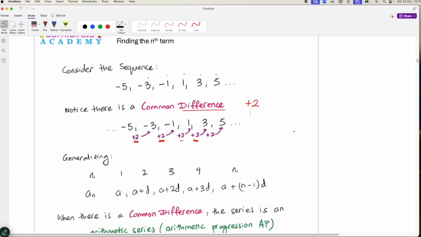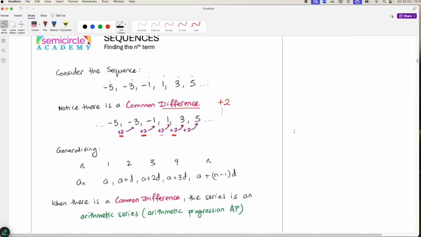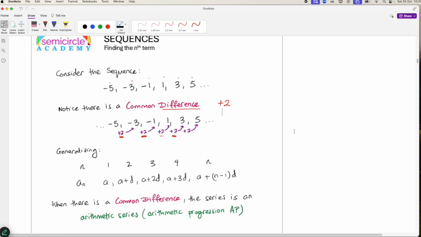So if we were to generalize this, where n is 1, n is 2, n is 3, n is 4, and n is n, remember, a will be the first term. The first term plus the common difference will give us the second term.